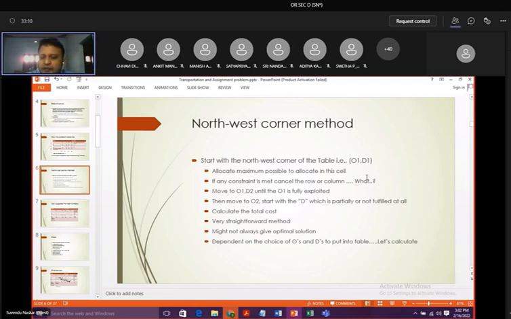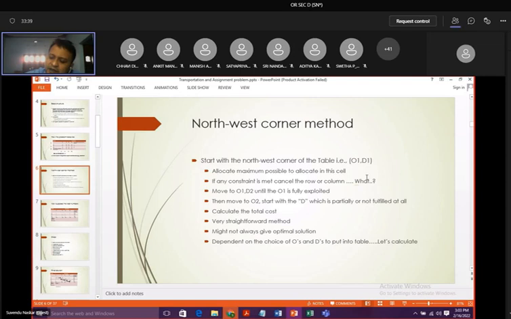Okay, so silence, I'll assume everybody has got it. So essentially, the constraint of that cell is the maximum the destination can absorb, which is 250. So how much we have allocated to cell D1 is 250. So write down 250 in the O1 D1 cell. Okay, so this has fulfilled the demand of which destination, the first destination.